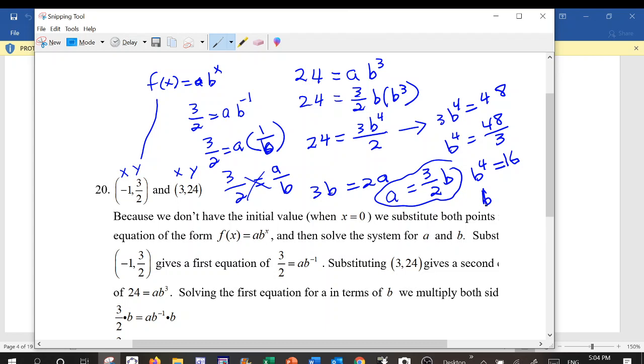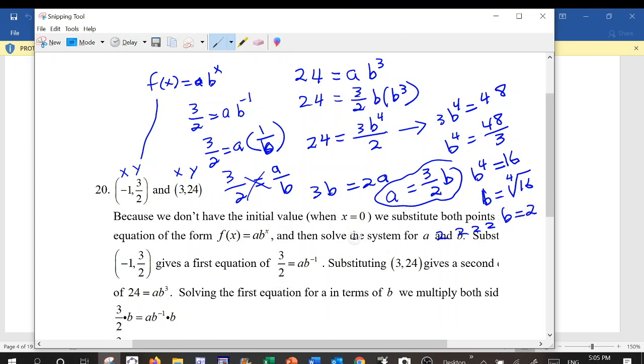We know b is positive, so b is the 4th root of 16. What number do we write 4 times and multiply to get 16? That's 2. So b is 2.